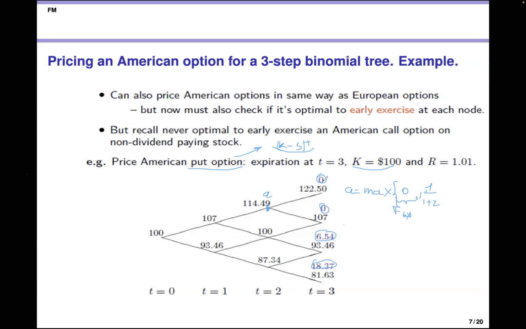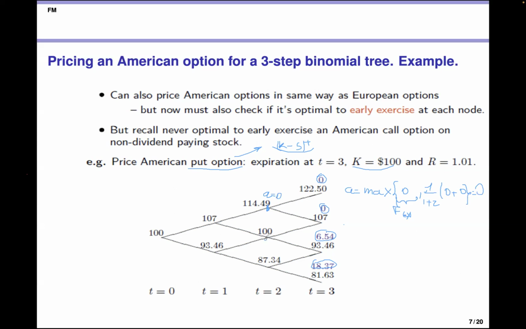It is 0 multiplied by q_u plus 0 multiplied by q_d, so 0 plus 0. And the maximum is 0. So A equals 0.